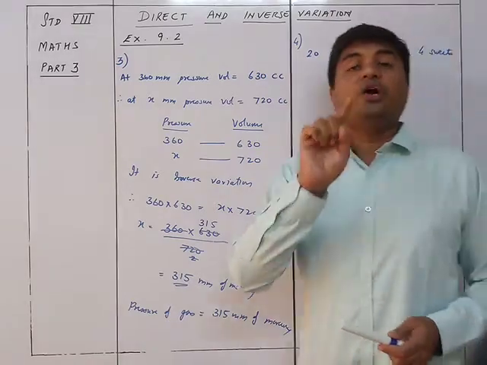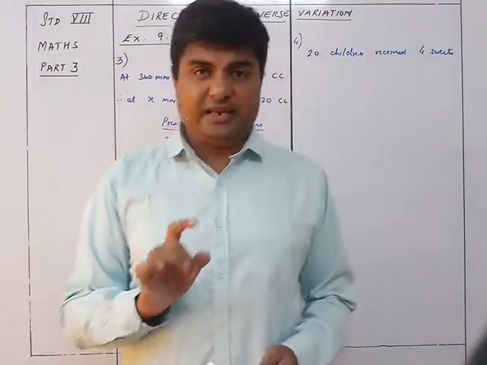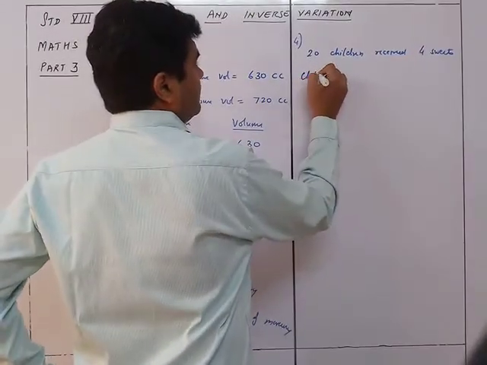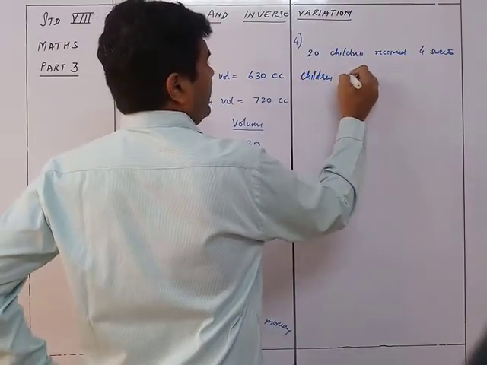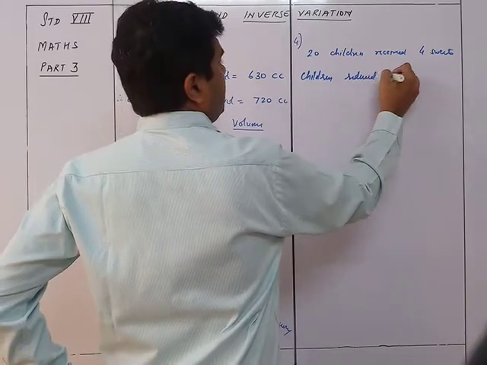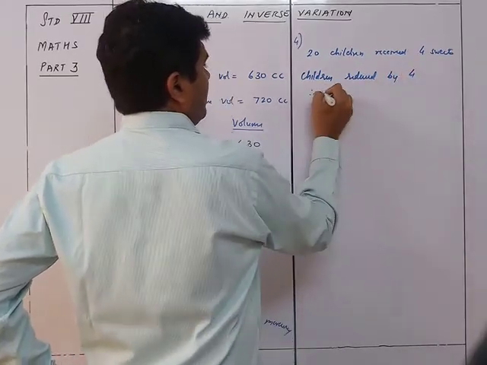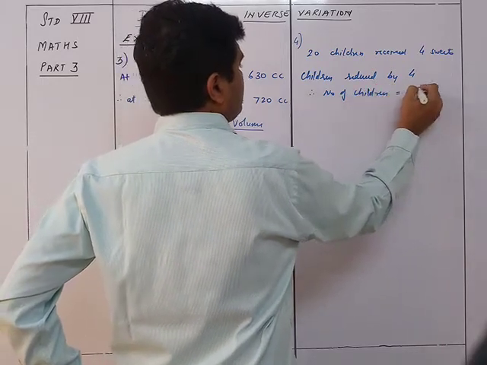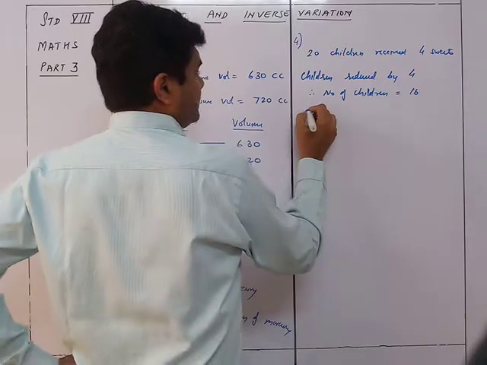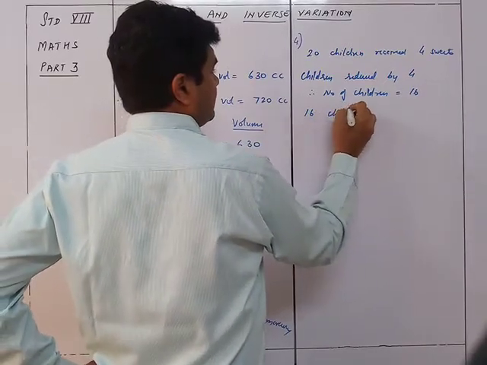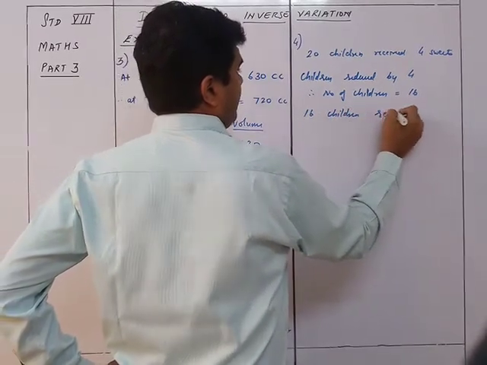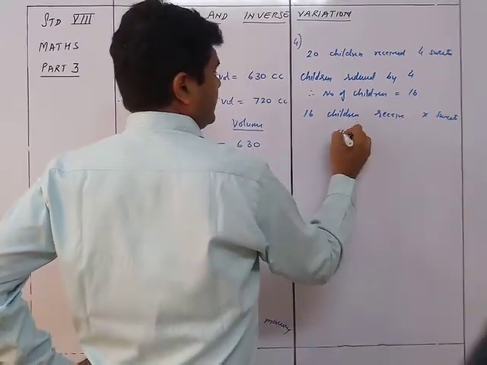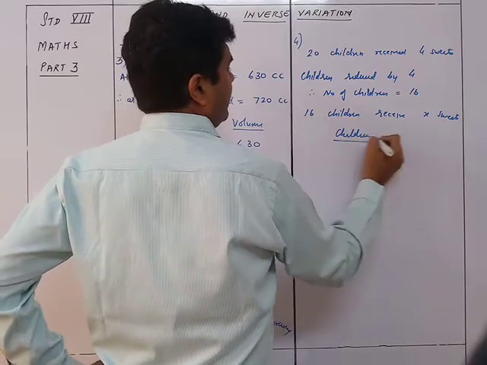You take 20 minus 4, which is 16. So children reduced by 4, therefore the number of children is equal to 16. Therefore 16 children receive x sweets. So you get children and sweets.